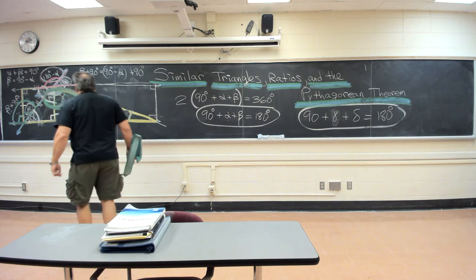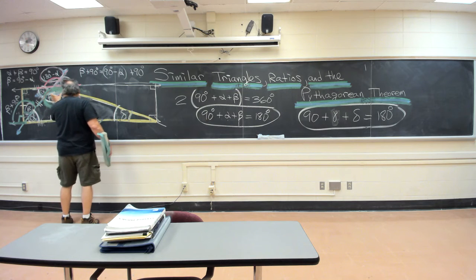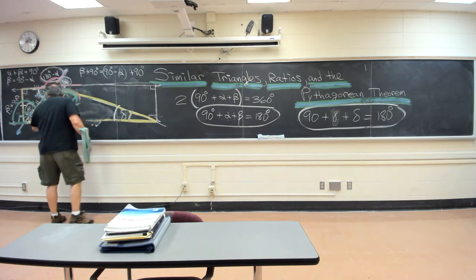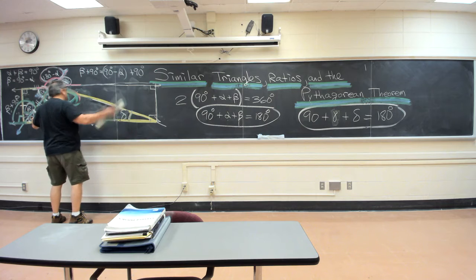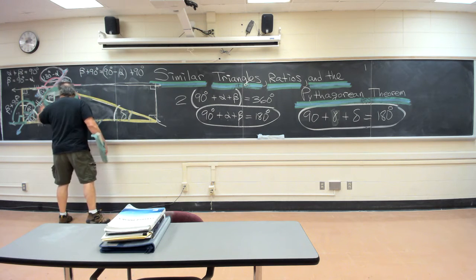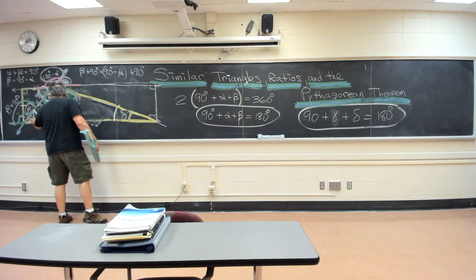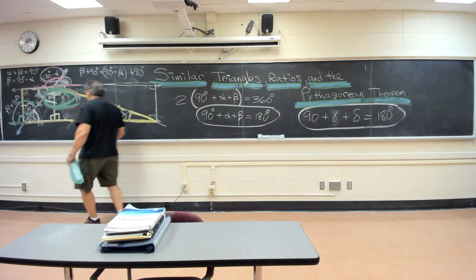The beta and the gamma put together are going to give you this angle right here. This is alpha. It's part of the small right triangle, but it's also part of the big general triangle, this whole thing. So the alpha in the corner here is part of the small right triangle, but it's also part of the big triangle. Delta is part of the big triangle.